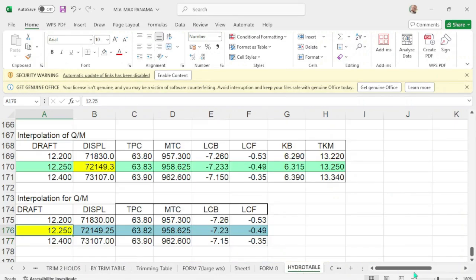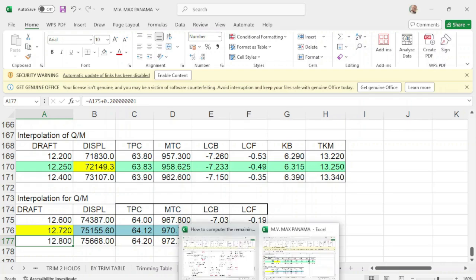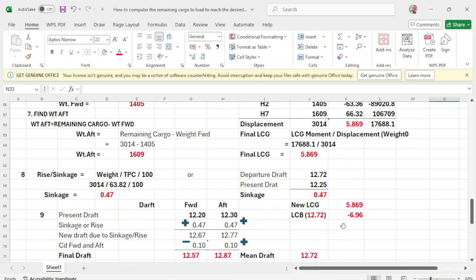For your departure drop of 12.72, your LCB is negative 6.96. Take note of this one, that will be your LCB for the drop of 12.72.